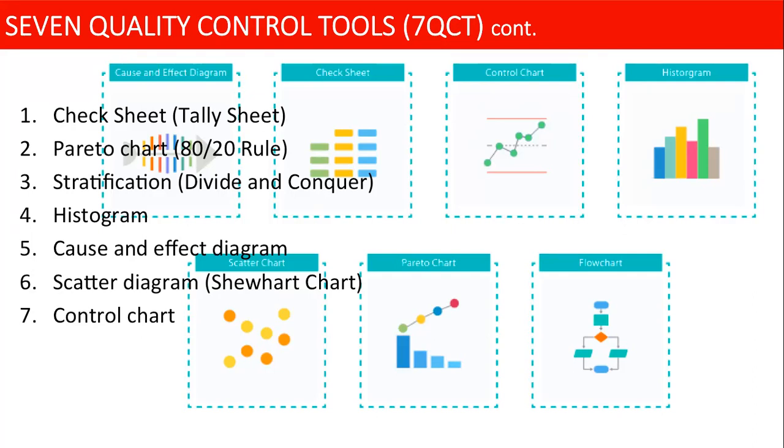By using histograms and control charts, we can check whether the process is inline or outline, or whether there are any exceptions. So we are going to develop our own limits, which means critical limits, lower control limits, and upper control limits.